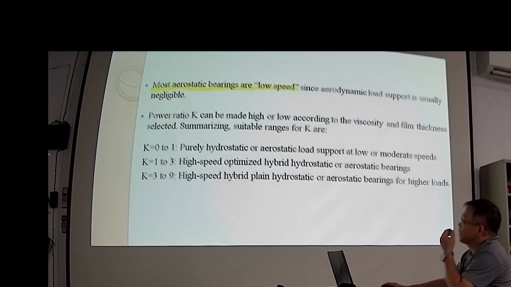Here is a summary of the suitable operating range for the K value. If K is smaller than 1, the hydrostatic or aerostatic bearing is loaded at low speed or moderate speed.